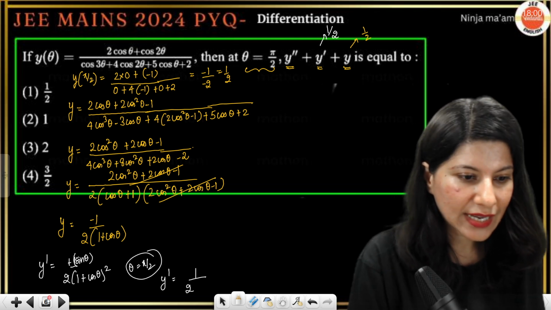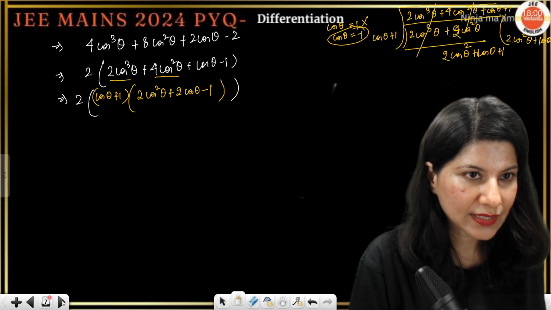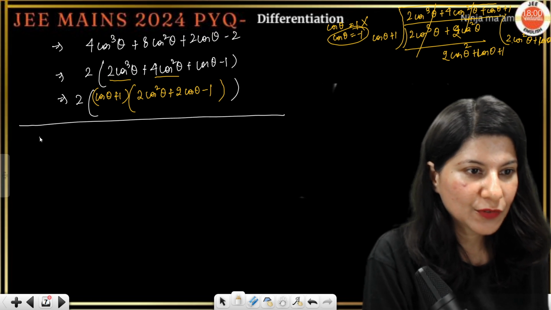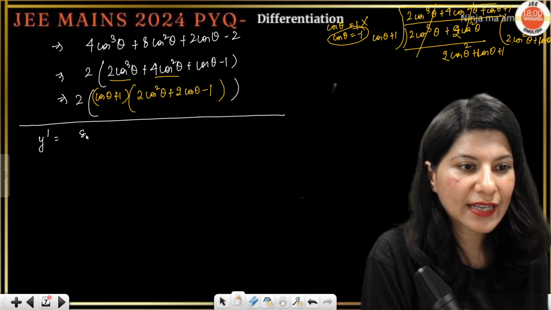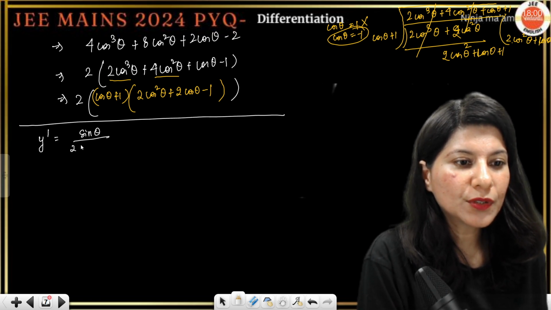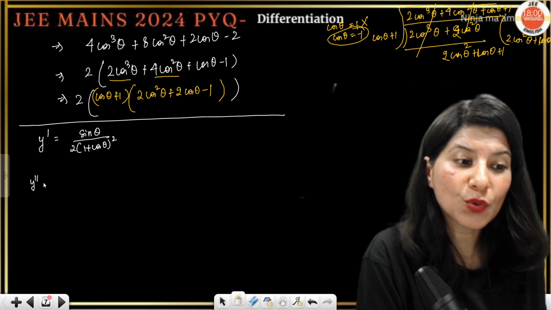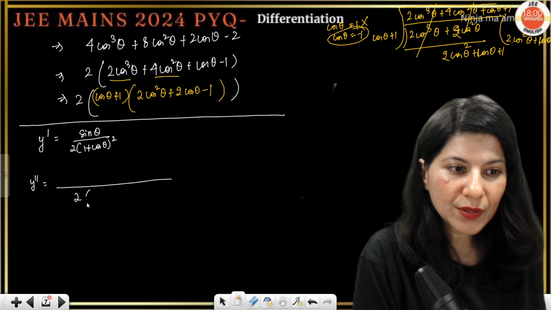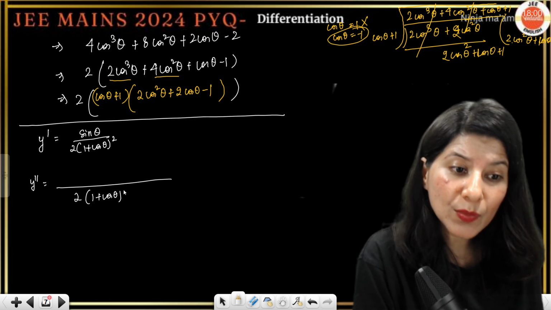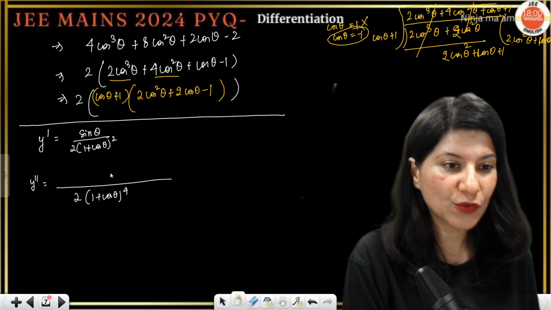To get y double dash, we need to write y dash, which is sine theta upon 2, 1 plus cos theta whole square. Now y double dash, the quotient rule. 2 is already there, 1 plus cos theta whole square's square, so that is power 4.